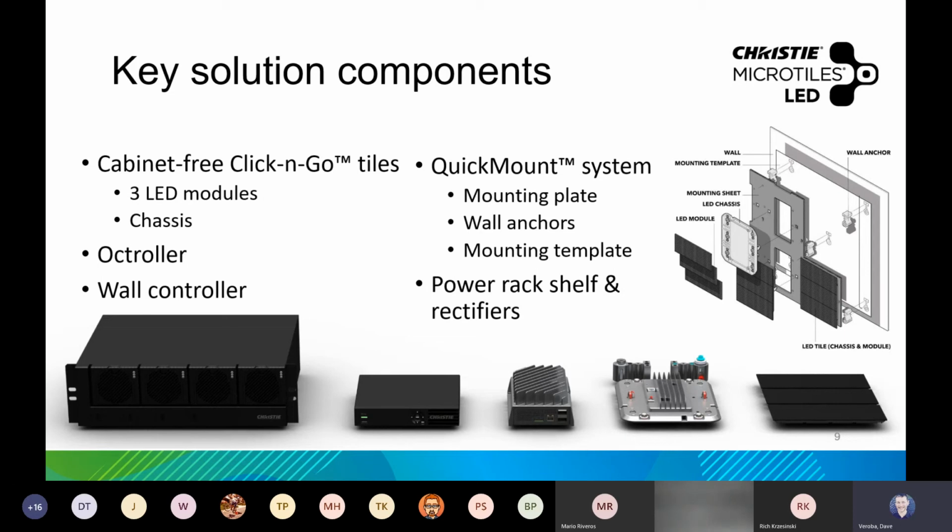From there, you've simply got the more traditional pieces, the wall controller and the power rack shelf and rectifiers as well. There is the other piece that's totally differentiated, and that's the QuickMount System. So there's a mounting plate that you can see on the right over here. This is the metal piece.